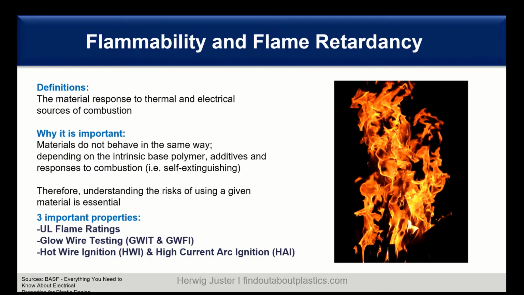And here I have selected 3 important properties. We have the Underwriters Laboratories UL flame ratings, we have the glow wire testing, and as a third the hot wire ignition and the high current arc ignition.